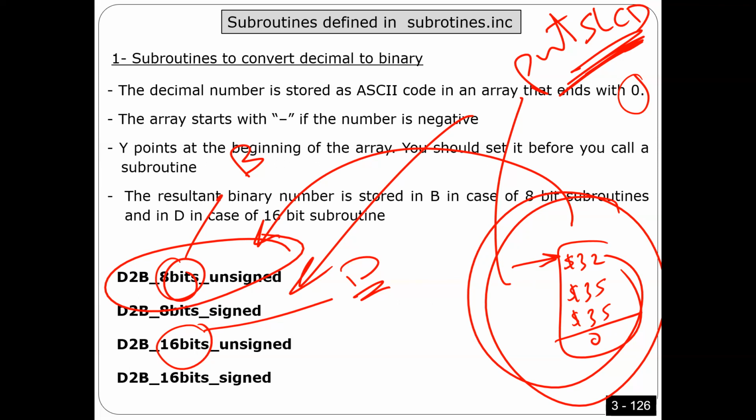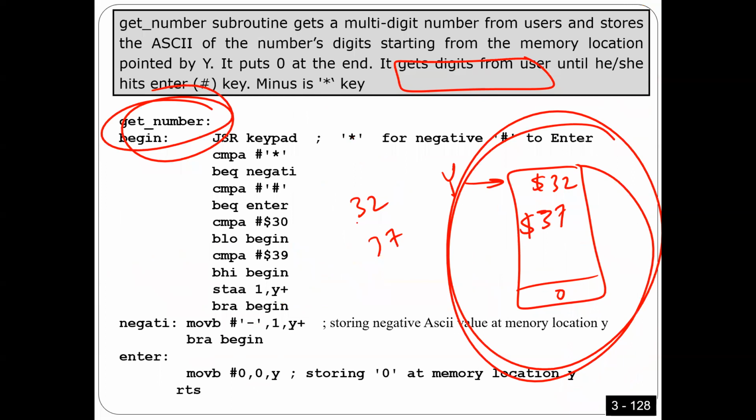It's not a mistake, but I didn't design it carefully; it's not a big deal. The only difference between this function and put string LCD is that before you call put string LCD, you have to put the beginning address in register X, not Y. So for this function and this function, you put the beginning address in Y, but for put string LCD, you can modify it if this bothers you. But anyway, I'm going to tell you how this function works.